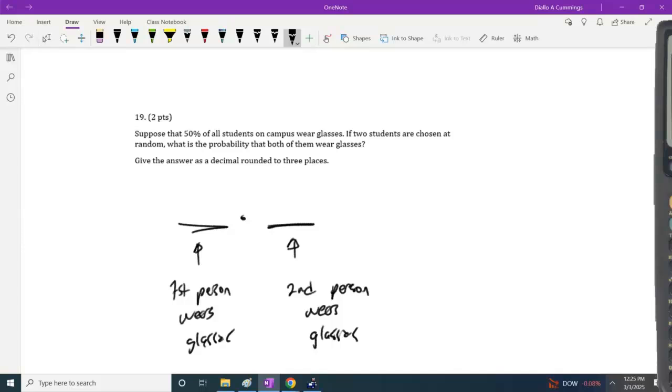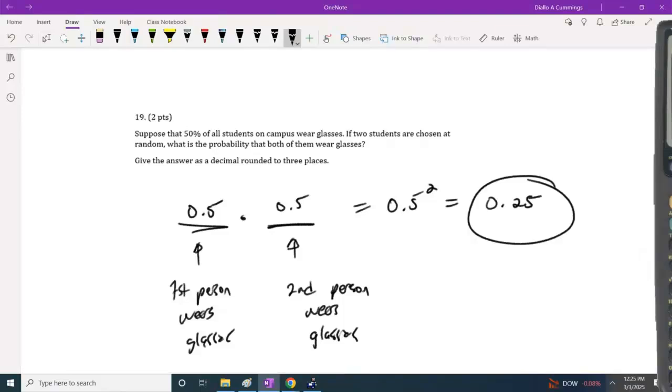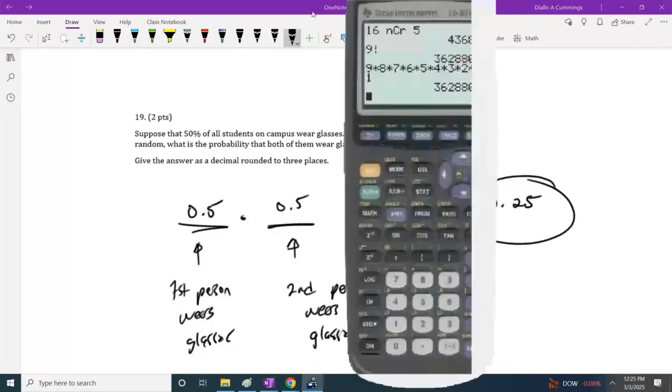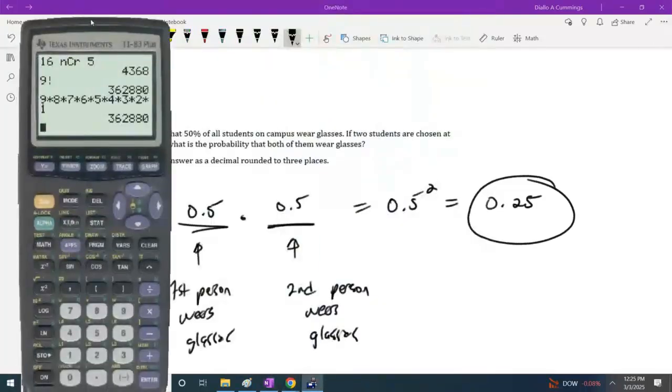What is the probability that the first person will wear glasses? 50%, right? Because they gave that to us. What's the probability that the second person will wear glasses? 50%, right? So that's 0.5 squared, which I believe is 0.25. So it's like a 25% chance.